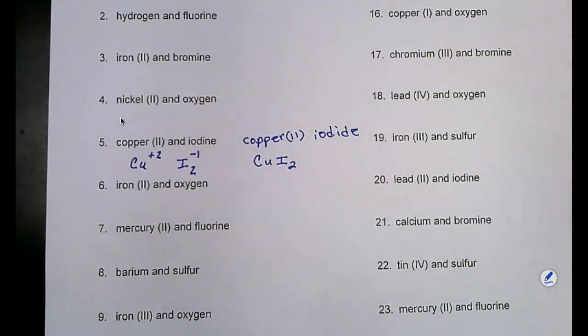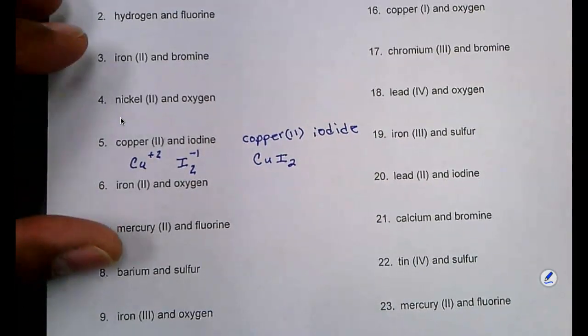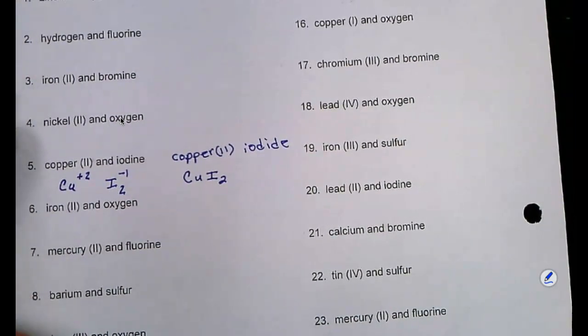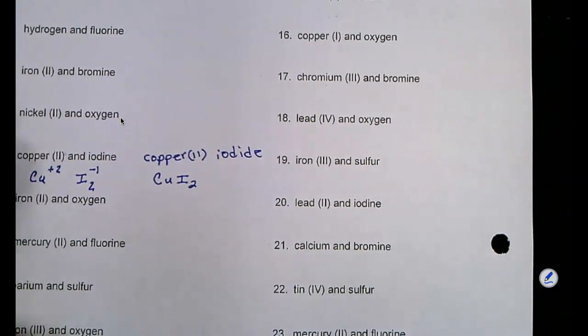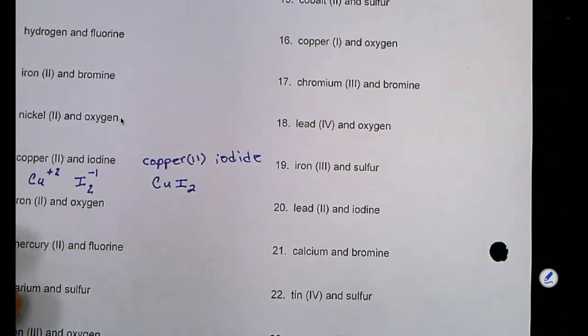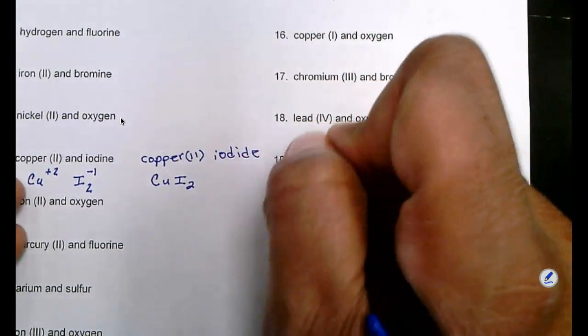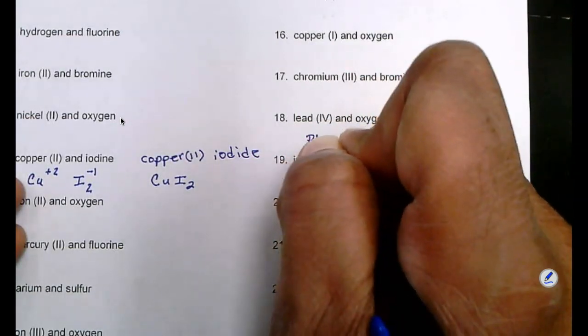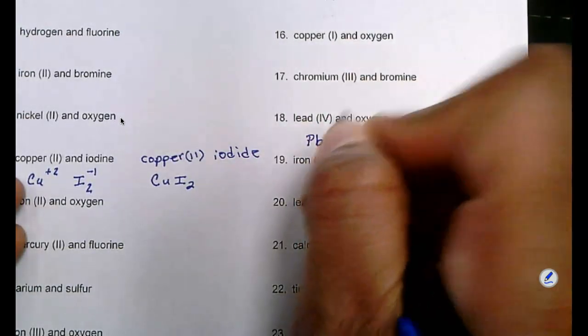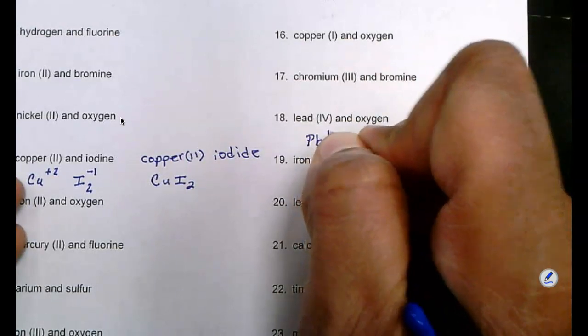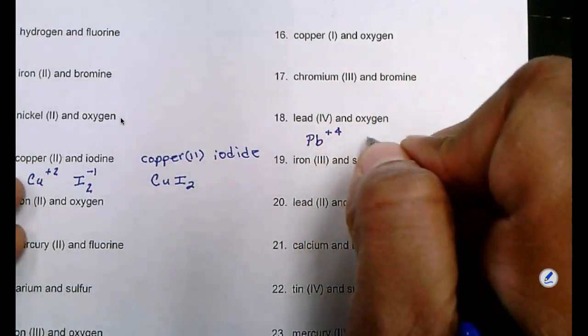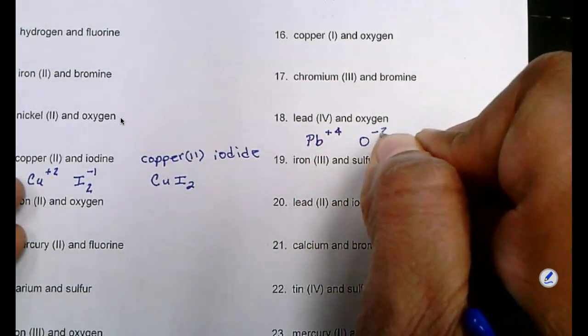Okay? I want to do one more with you, if that's okay. So let's go over and let's do number 18. 18, and again, we're on the B side here, is lead 4 and oxygen. So let's do lead, and Pb is 4, that's IV, so plus 4, and then oxygen is a minus 2.